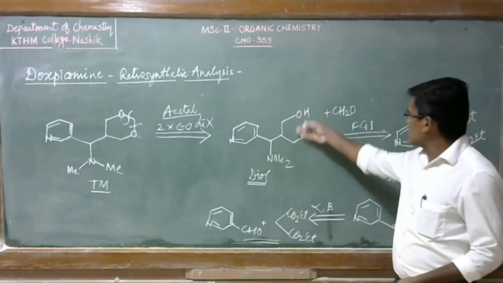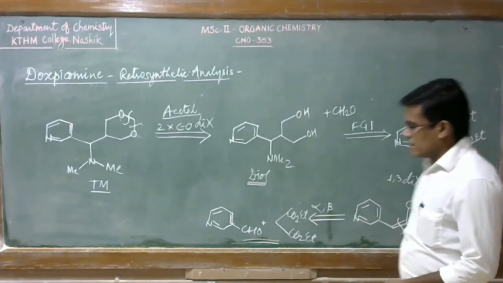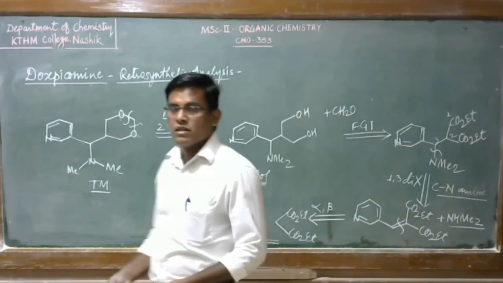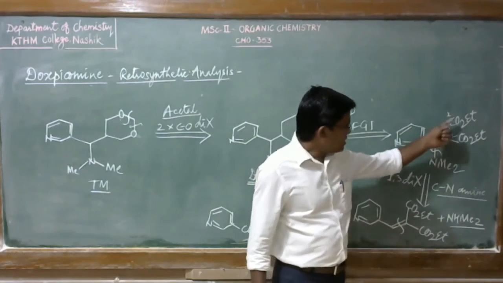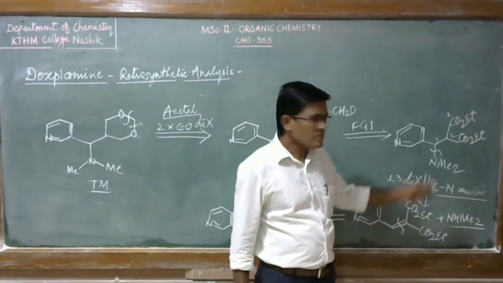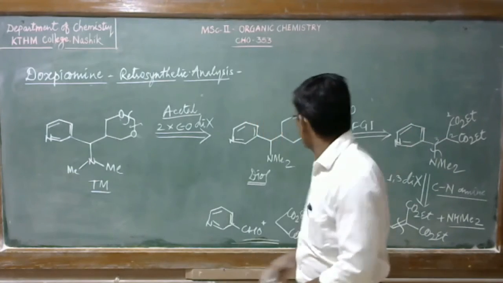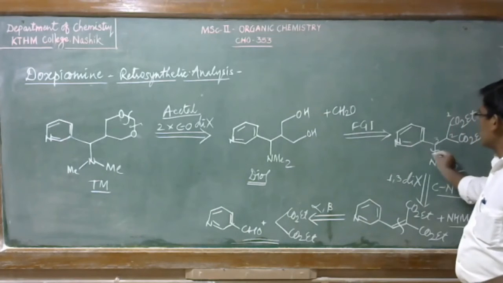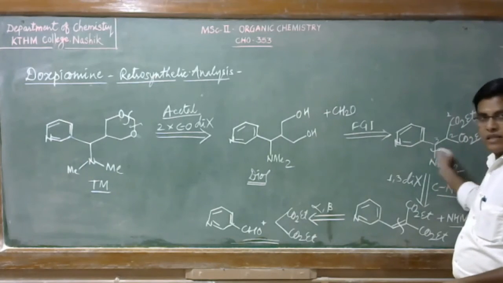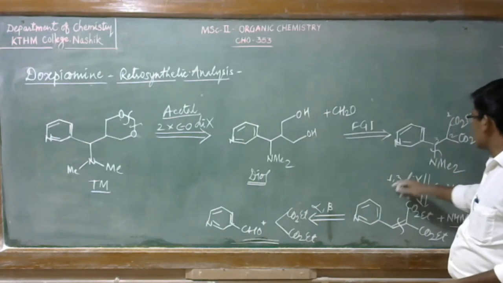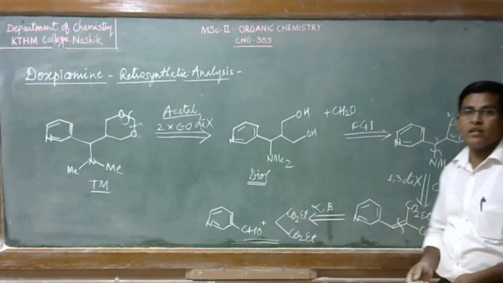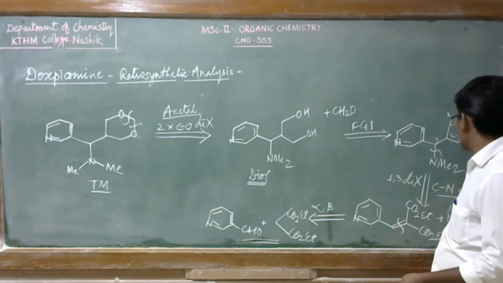So when you do the FGA, it can convert it into diester. All right, and here you can see this amino functionality is at the position 3. So we can have 1-3 disconnection, that is CN bond disconnection, CN amine bond disconnection.